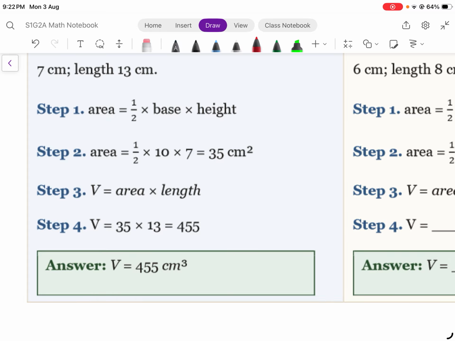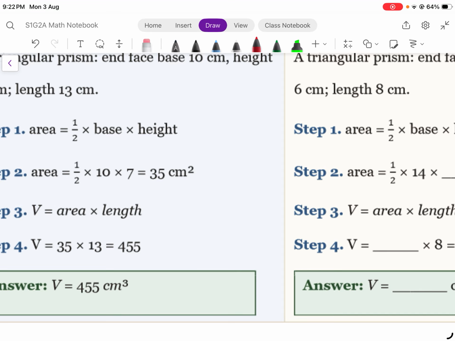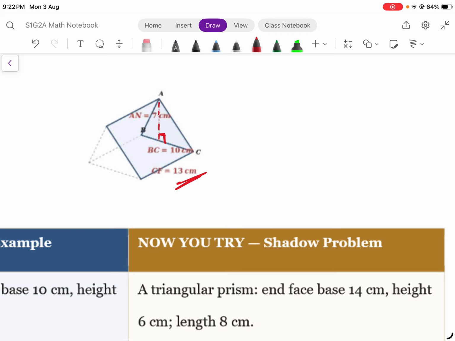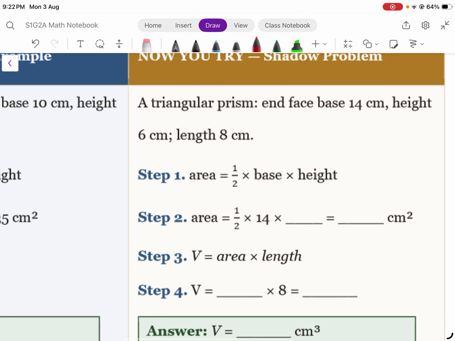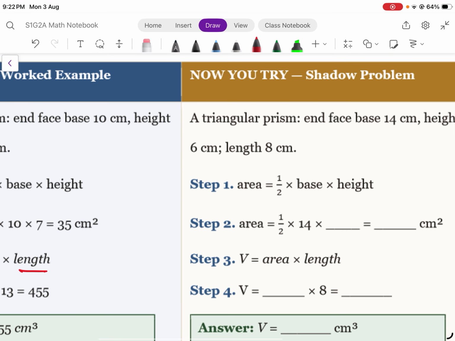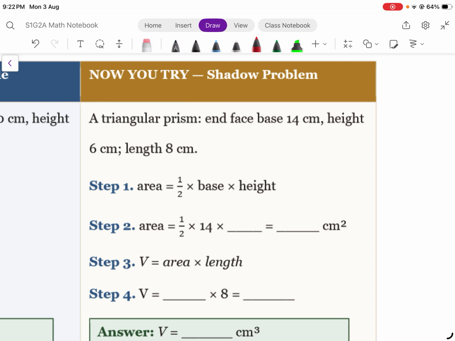Your volume is 35 times 13, where 13 is the length. Find the area of triangle, half times 10 times 7, then multiply by the length 13. You will get 455, not 1455. 455.